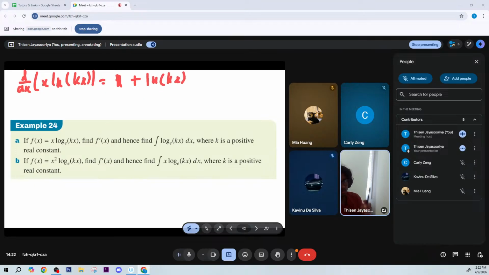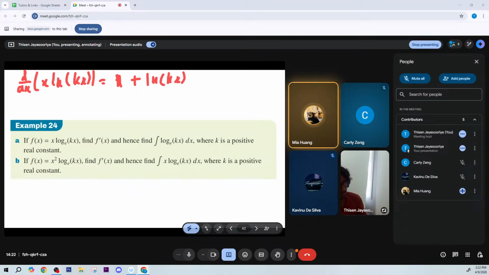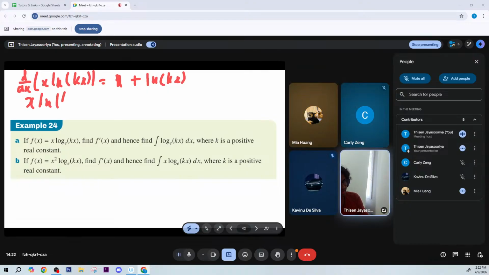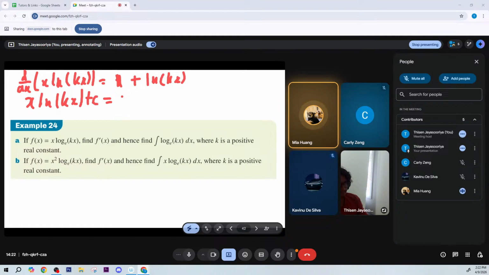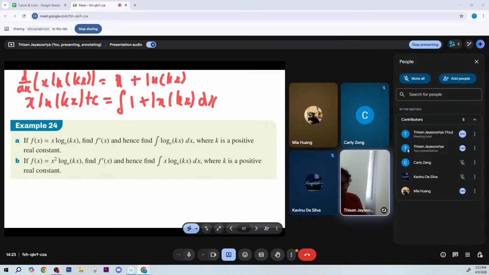So, Mia, what's the integral expression for this one? Maybe the f of x plus c. Yeah, so it could be just like x ln of kx plus c equals, what does it equal? The integral of 1 plus ln of kx dx. Yeah.